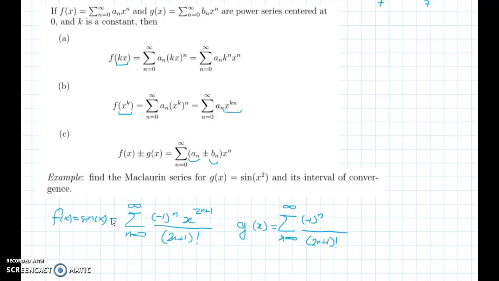But now instead of x, we have x squared, and then all of that to the power of 2n plus 1. This means that we have the infinite sum from 0 to infinity, negative 1 to the power of n, x to the power of, and now we need to multiply the exponent, so we have 4n plus 2, over 2n plus 1, all of that factorial.